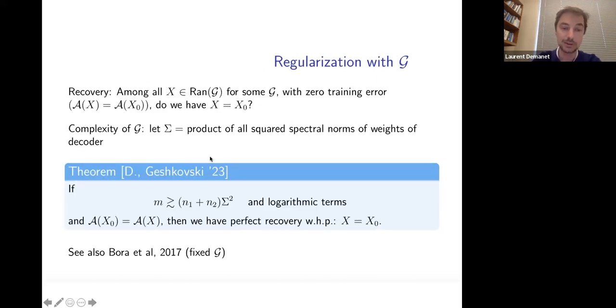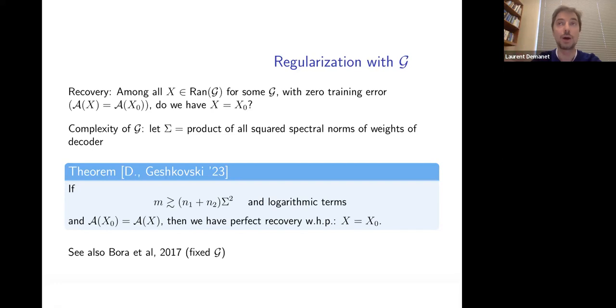And the theorem goes as follows. If the setup is what we saw before, with random IID measurements of this matrix capital X that comes from the range of a generator, and if the number of measurements, meaning the number of rows of this random matrix, is greater than N1 plus N2 with a constant that's sigma squared and then another numerical constant and logarithmic terms that I'm not writing down.